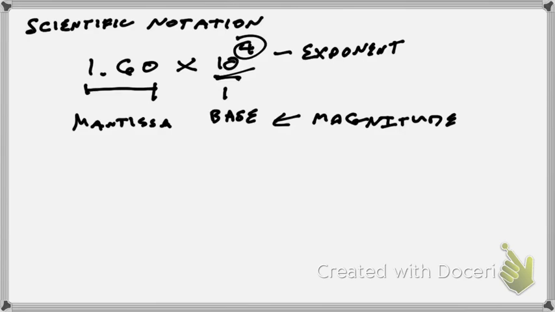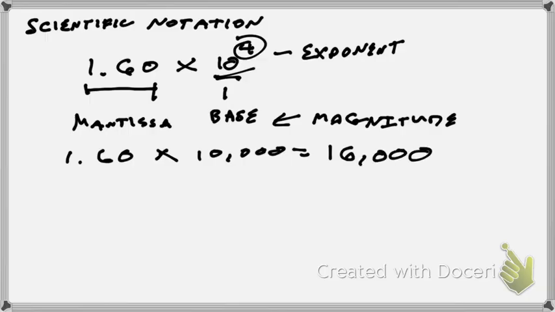So 10 raised to the fourth is about 10,000, right? So that's why we call this base the magnitude, because 10 raised to 4 is saying that this value of 1.60 is represented actually by 10,000, okay? Which means this is actually 16,000 units. All right, so that's why we call the base the magnitude.